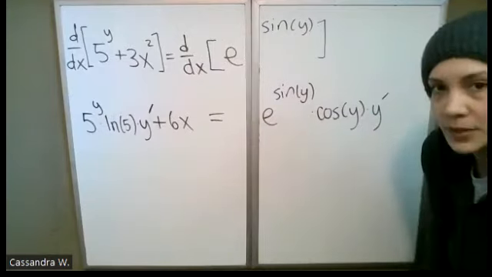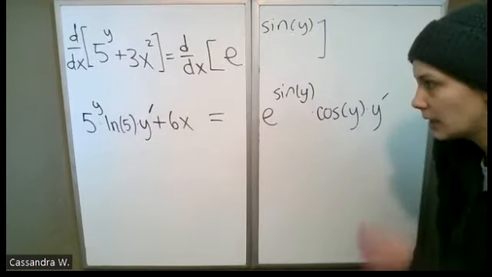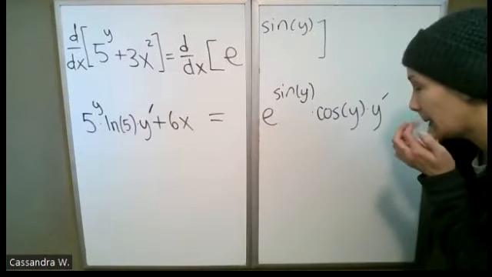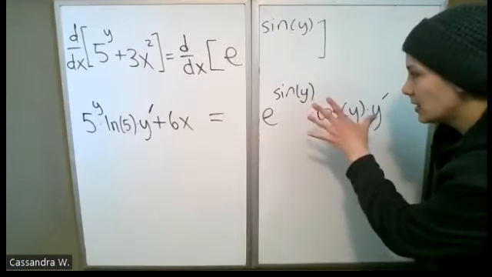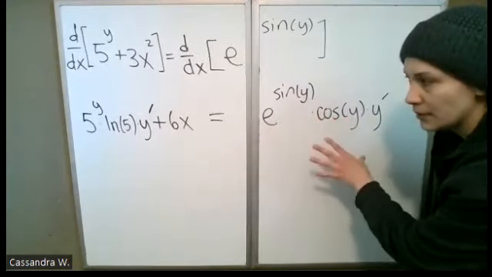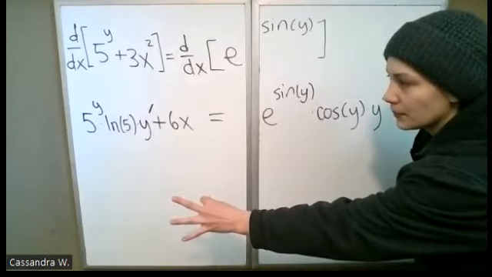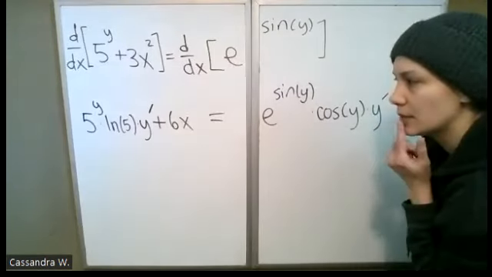Now I just use some algebra to solve for y prime. So let's get them both on the same side of the equation by subtracting the e to the sine of y cosine of y times y prime from both sides. Now that's going to make us move stuff around a lot.